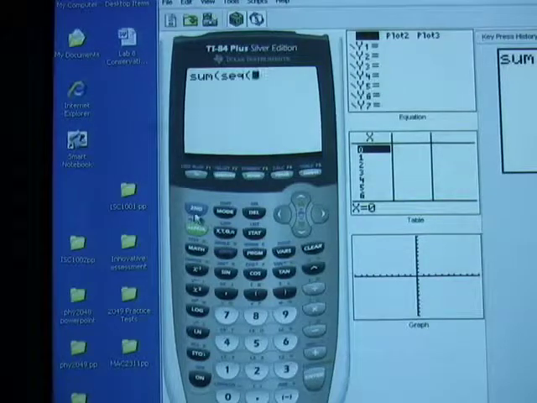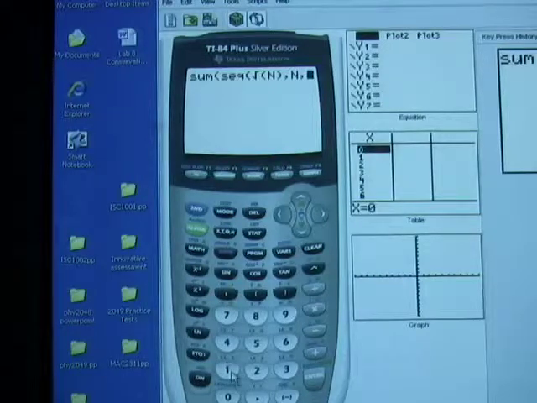Sequence of what? We need square root of n. So put the square root. Where do we get n? First press alpha, and n is on the log key. So alpha log will give you that n. Square root of n, parenthesis closed, comma, n, that is alpha log, comma.